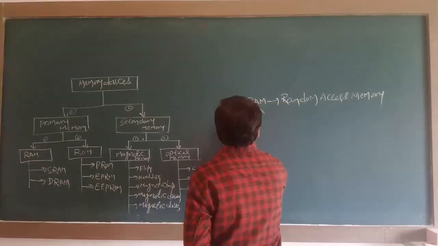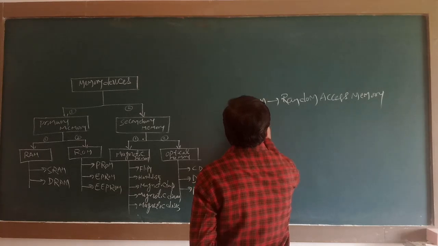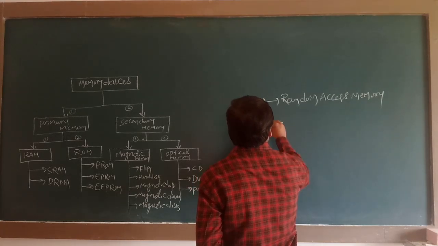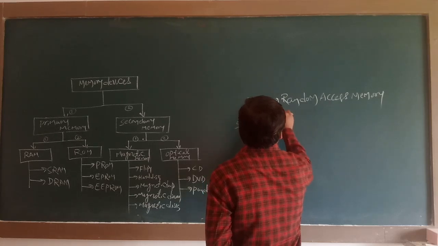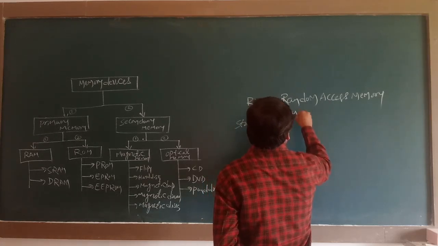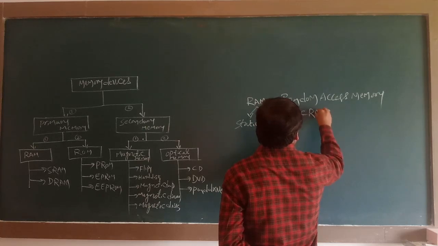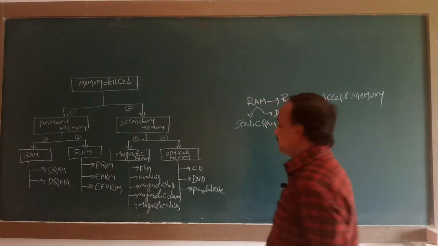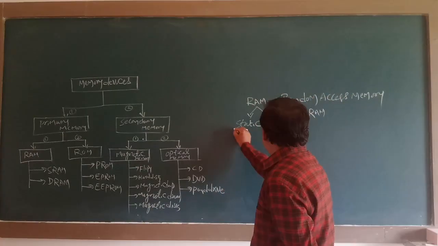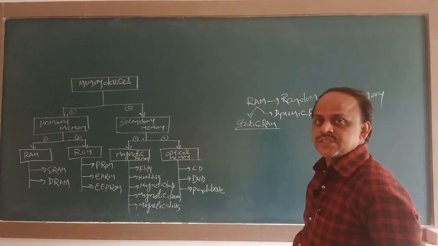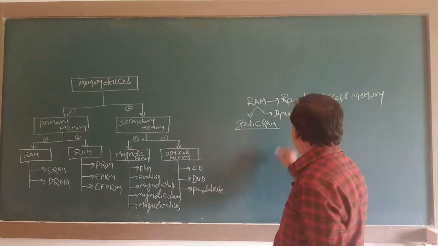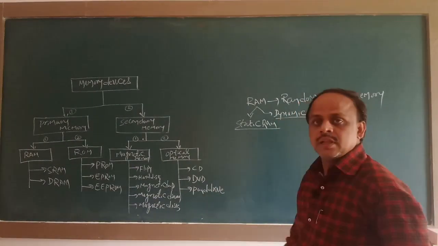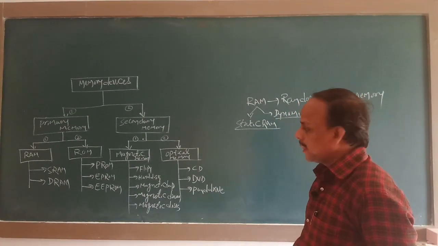That is static RAM, and second one is dynamic RAM. Right? SRAM means static random access memory. DRAM means dynamic random access memory.